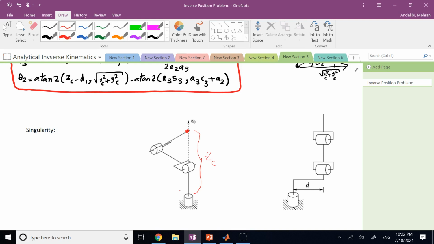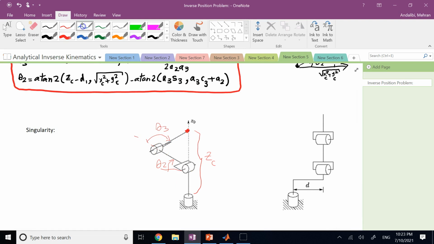Why? If you take a look here, what set of angles, theta 1, theta 2, theta 3, are going to give me that position? Well, the matter of fact is here, theta 1 is not going to be any important. All I need is angle theta 2 and angle theta 3. These guys are enough to give me what? That location. If that z is within the workspace and I can reach it, then all I need is theta 2 and theta 3 to make it happen.